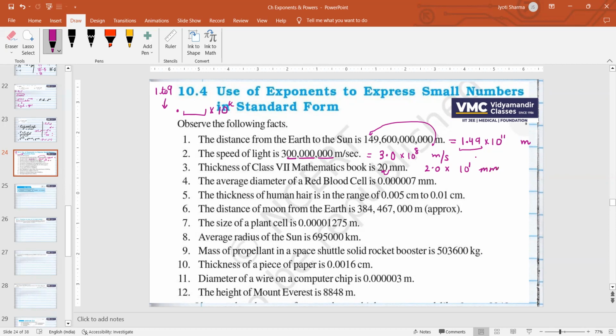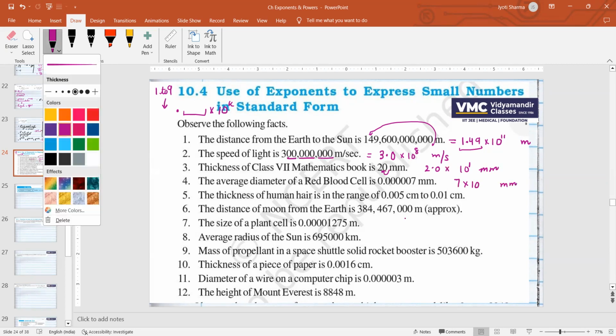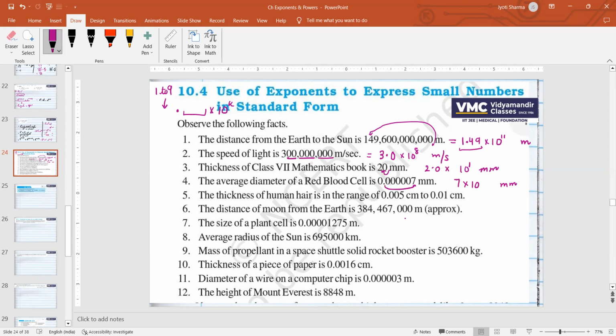This is 7 into 10 to the power, and here you can see that the decimal is moving towards your right. A small number is expressed like a big number. So the power will be negative. How many places has it jumped? 1, 2, 3, 4, 5, 6. So minus 6.